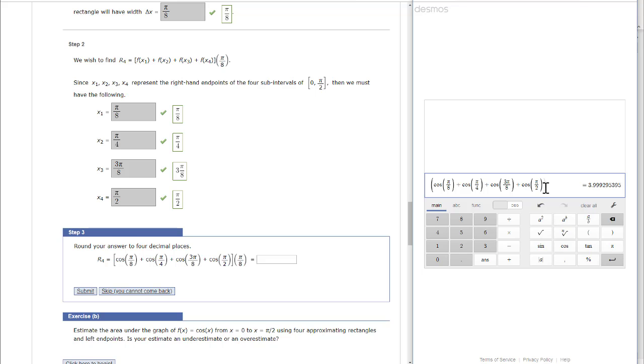Then we'll close the parentheses and multiply everything by pi over 8.